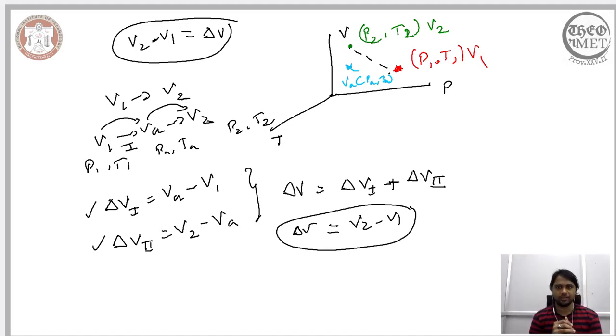Even after doing that, when you calculate the overall change in the volume, you observe that it is as if we had considered just the change in the system from V1 to V2. So ultimately the overall change in the volume is defined just by its initial state and the final state. The intermediate state is missing.